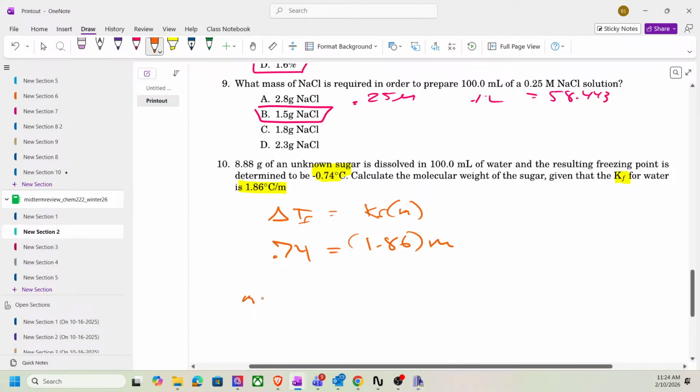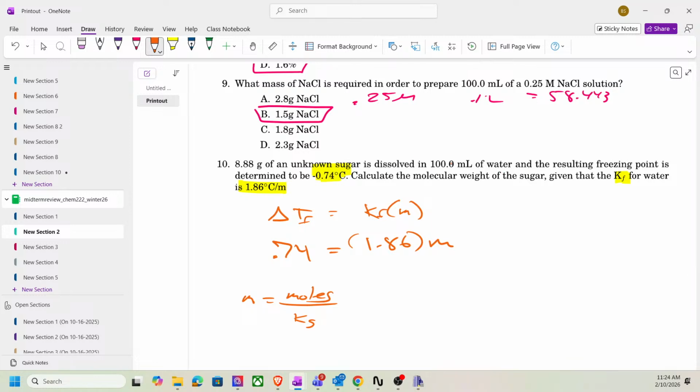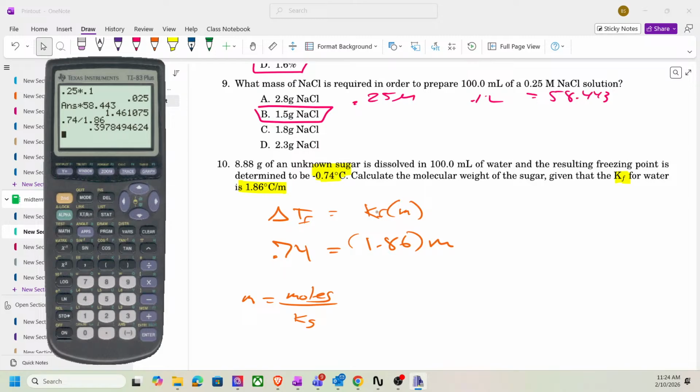And so molality equals moles over kilogram. And so now I'm going to figure out how many moles were in this sample. Since it's sugar, yeah, it's correct, it's not going to dissociate.